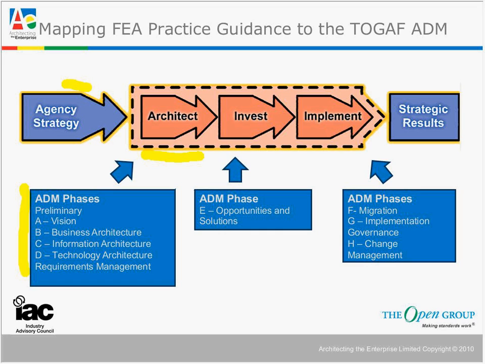Okay, well, to invest, they're using the TOGAF phase E, opportunities and solutions, and when they come to implement, they will use phases F, G, and H. And the outcome then is strategic results for the agency.